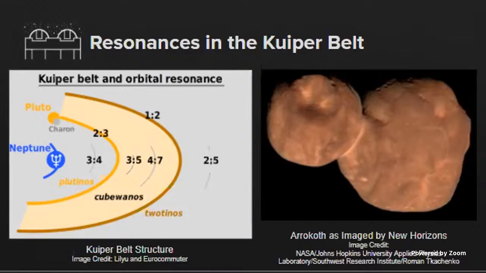Kuiper belt objects not in orbital resonance with Neptune are called classical Kuiper belt objects, or cubewanos. Notable classical Kuiper belt objects include Quaoar, Makemake, Arrokoth, which was visited by the New Horizons spacecraft in 2019, and formerly Haumea, although more recent evidence suggests it may actually be in a resonant orbit after all.